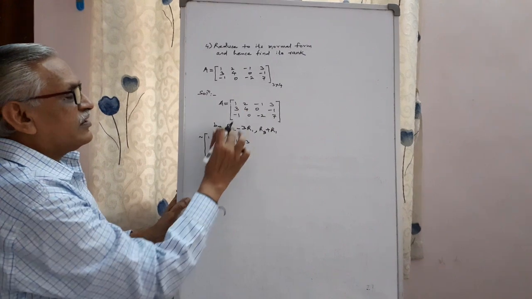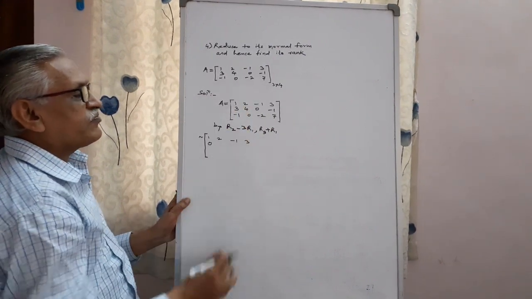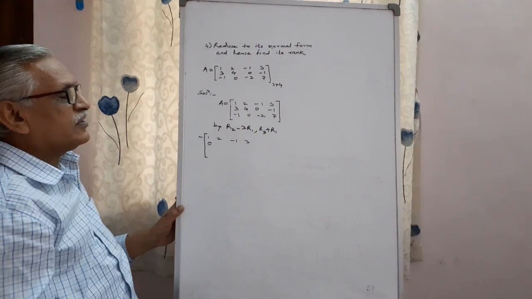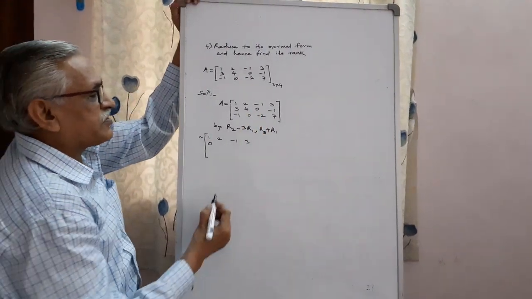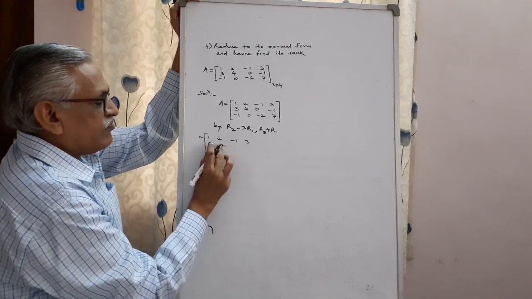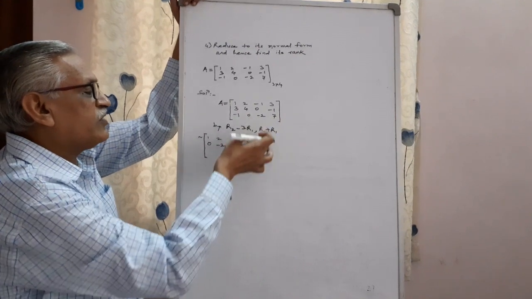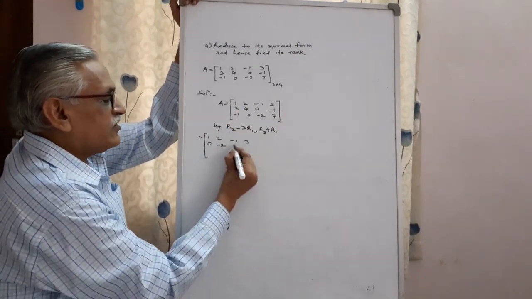Then applying this, 3 minus 3 times 1, 3 minus 3 is 0. 4 minus 3 times 2, 4 minus 6 is minus 2. 0 minus 1 into minus 1 is 0 plus 3, we get 3.